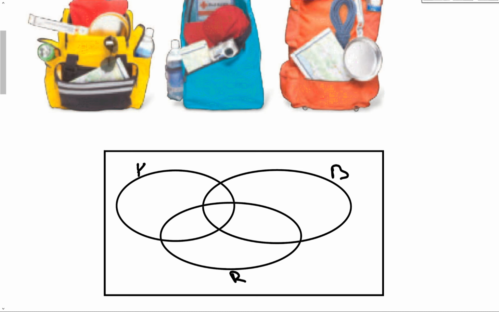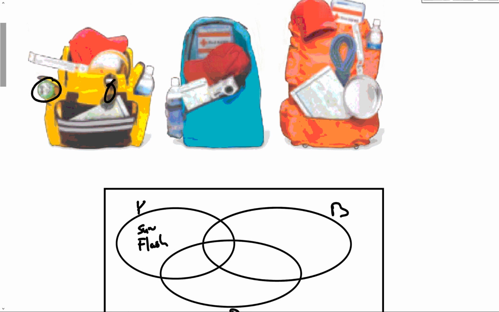Okay. So in the yellow bag, we have our sunglasses. We also have a flashlight. There's my flashlight. Now, if you look in between the yellow and the blue, both of them have, well, let's not get to that yet, because we can see that all 3 have a red hat.